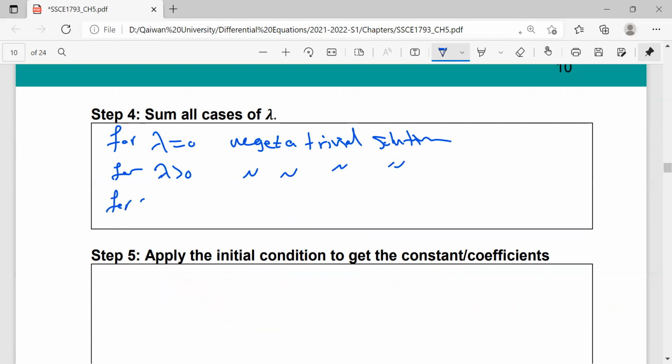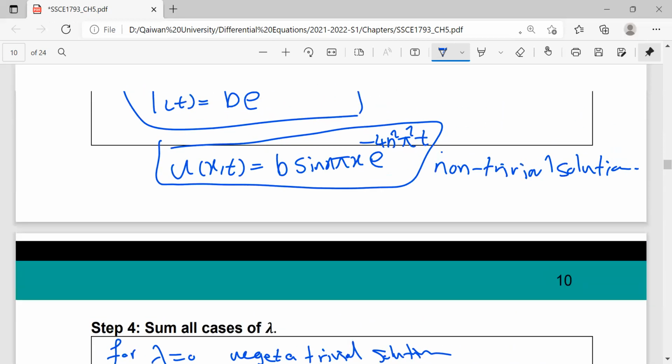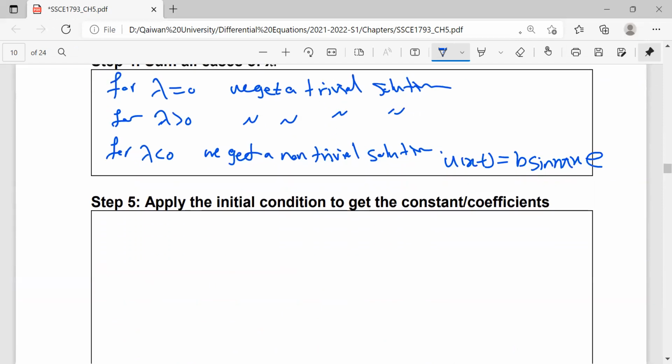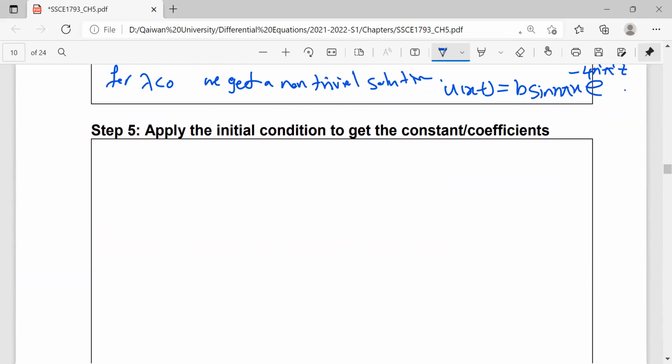And for lambda less than 0, we get a non-trivial solution. And the solution is u of x,t equals b times sine n pi x times e to the power -4 n squared pi squared t. This is u. Now we apply the initial condition to get the value of b.